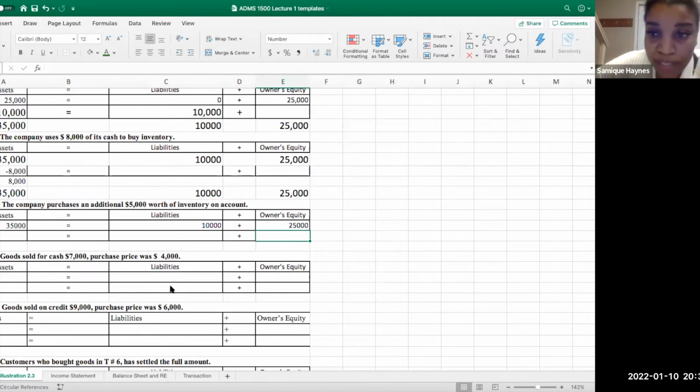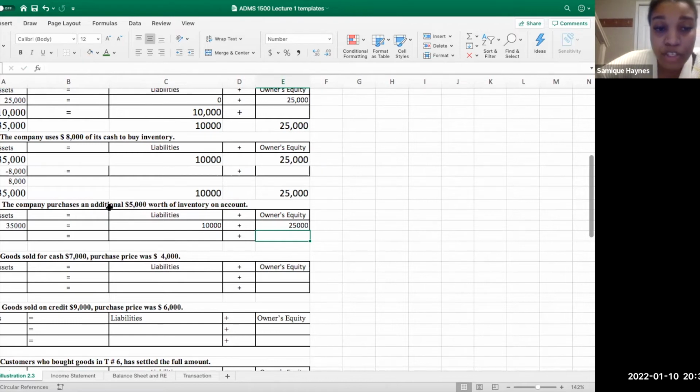What accounts are affected if we purchase more inventory? I saw that someone says everything stays the same. Now, can somebody tell me why everything does not stay the same? Somebody else says assets does not change. Now I'm going to go ahead and start it for you.